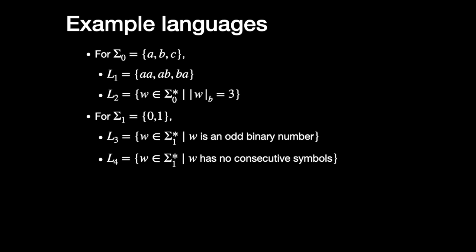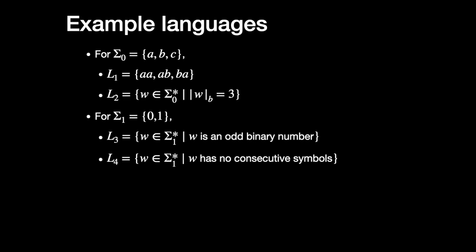Language L2 is the set of every word over A, B, and C that has exactly 3 B's in it. For example, the word ABBBA is a word in L2. Now, L3 is the language of every odd binary number. And finally, L4 is the set of words over 0 and 1 with only alternating symbols of any length.